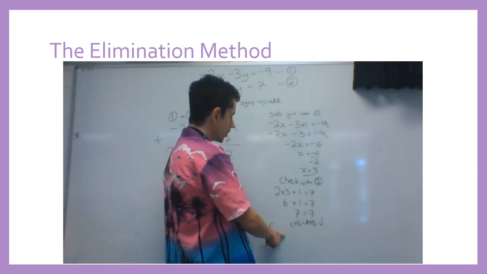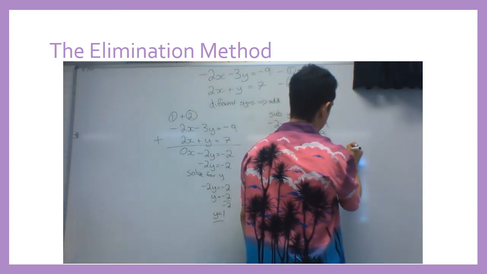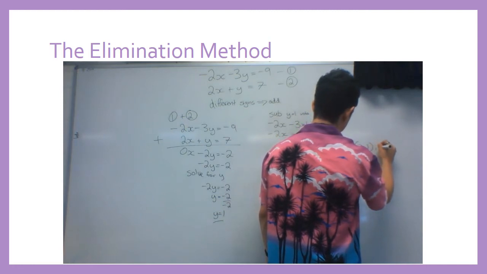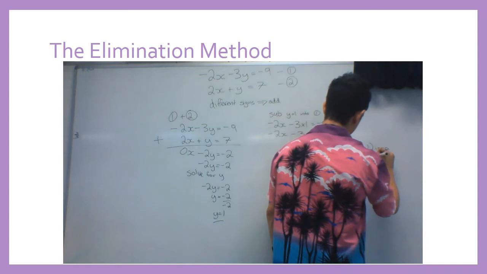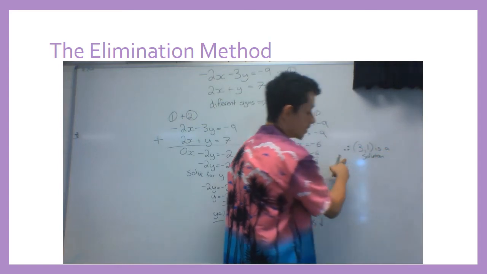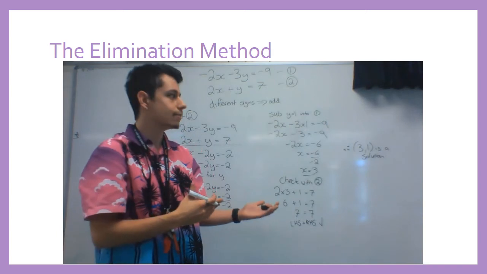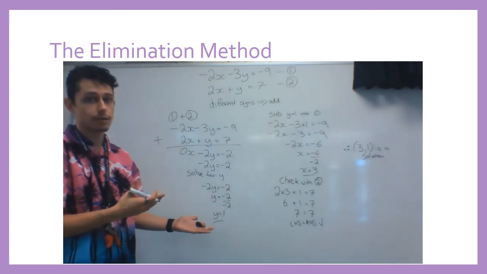It's following along here, so I'm just going to write over here: (3, 1) is a solution. That's how we use the elimination method to solve a pair of simultaneous equations.